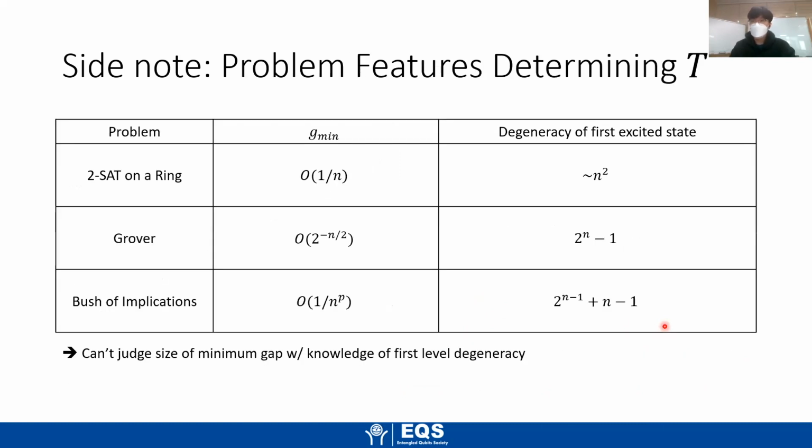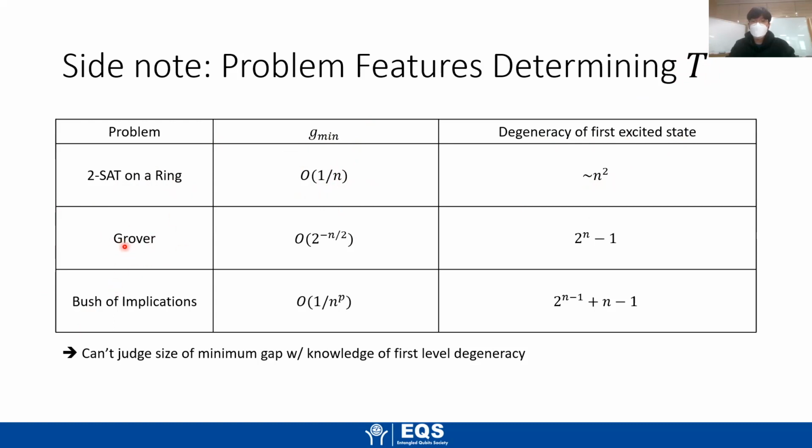As another side note, this paper also talks about trying to find some problem features that determine large T. Since solving the eigenvalue problem is pretty difficult, maybe we might be able to find some interesting features that tell us something about large T. And so they compared 3 problems. For this problem, we can see that G-min is a polynomial in n, so this is nice. And the degeneracy of the first excited state is about n squared.